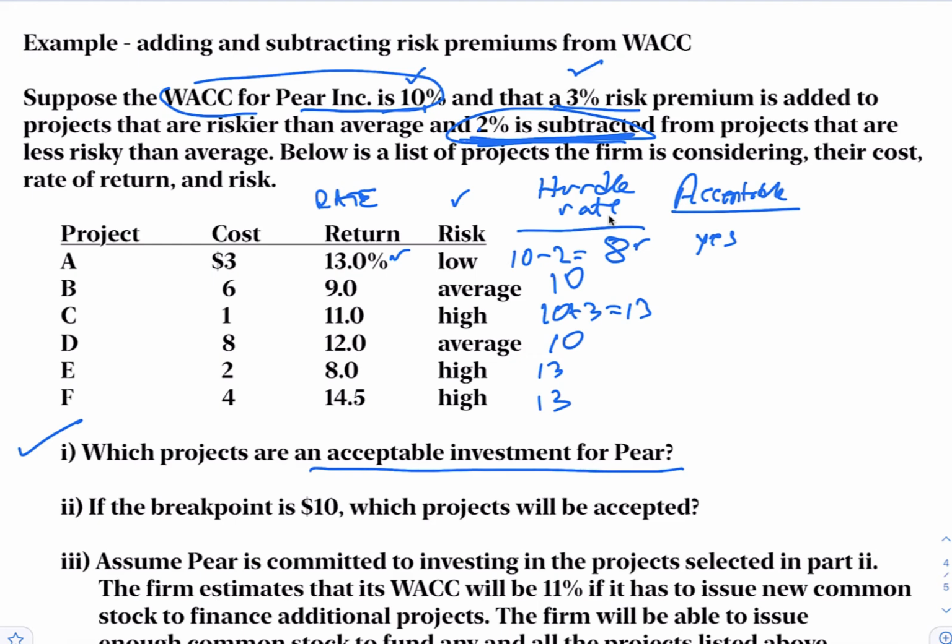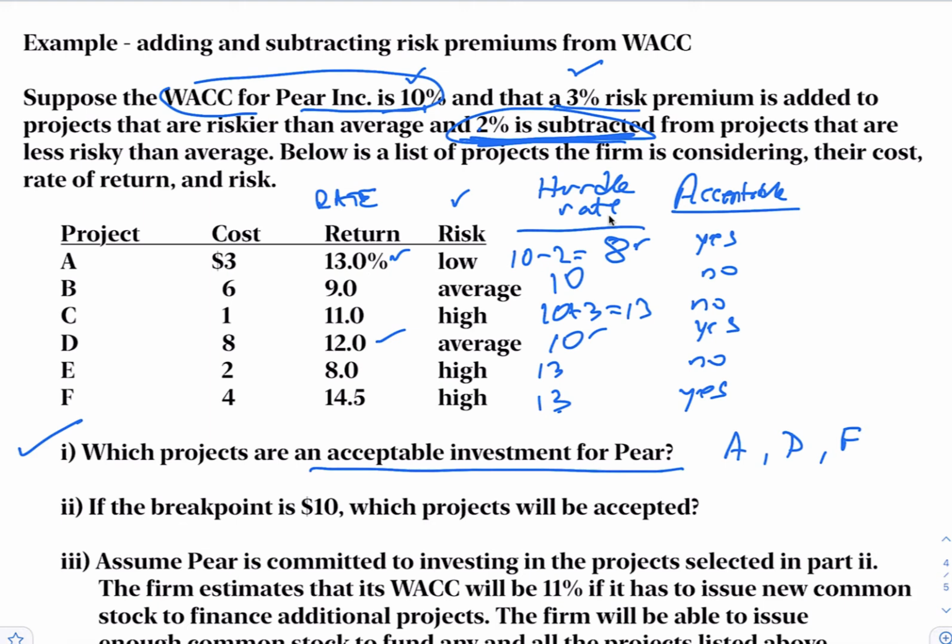B doesn't clear the hurdle rate of 10% because it's only earning 9, so that's no. C only earns 11 versus a hurdle of 13, so that's no. And then D is 12% versus 10. Oh, that's yes, because that's earning 2% higher than the hurdle. E is low, so we say no. And then F is attractive because it's 14.5% versus the 13, so that's yes. So based on these results so far, A, D, and F are acceptable.